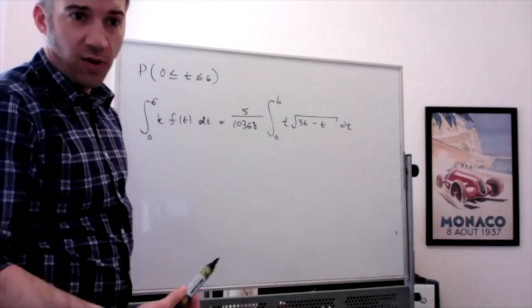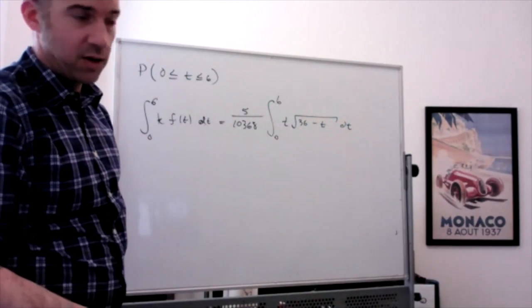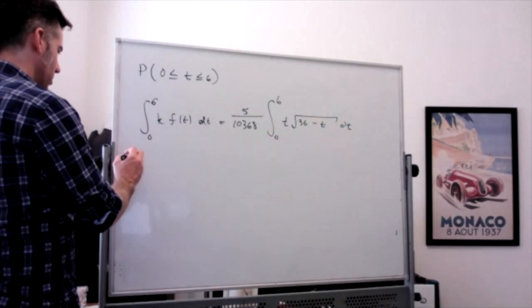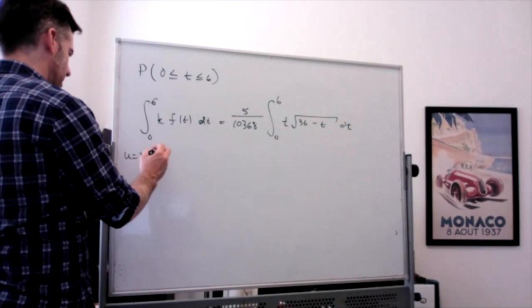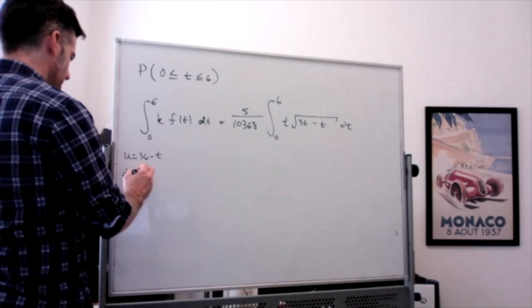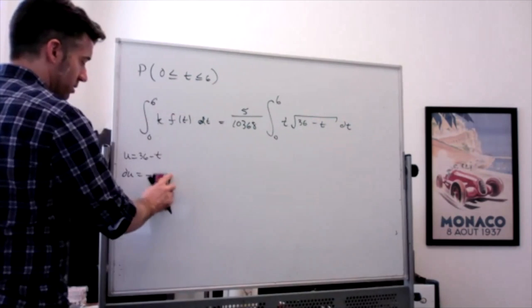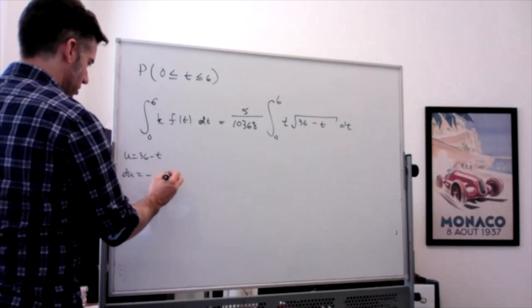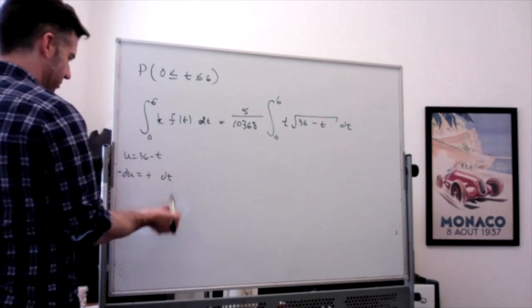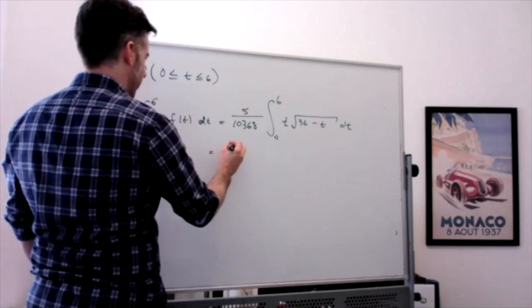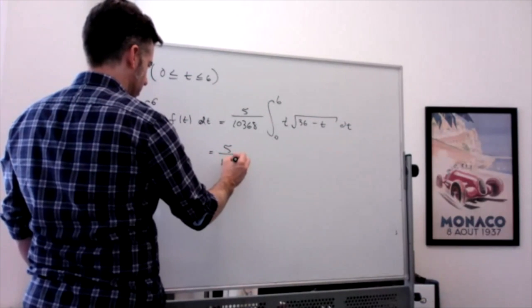The integration process is still the same as before. You're still using u, where u is 36 minus t, du is negative dt, so negative du is positive dt. This becomes 5 over 10,368.